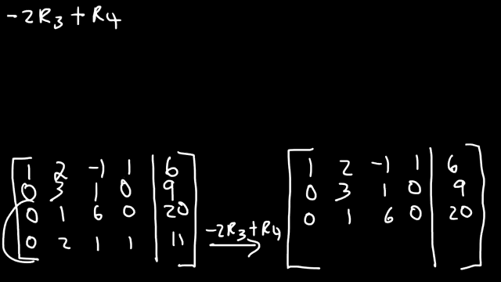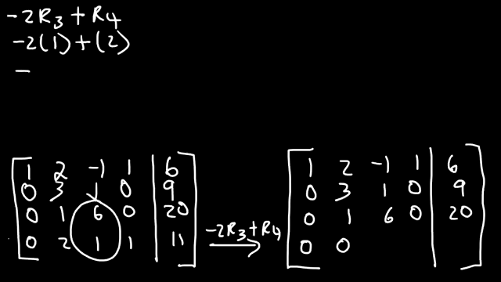So for column 1, R3 and R4 is 0. Negative 2 times 0 plus 0, that's going to remain 0, which is what we want. We don't want that 0 to change. Now, let's move on to column 2. So R3 for column 2 is 1, and R4 for column 2 is 2. So we have negative 2 plus 2, so that gives us the 0 that we want.